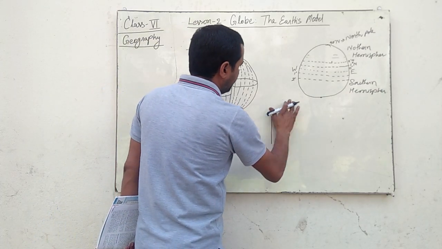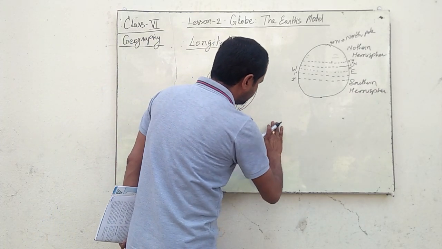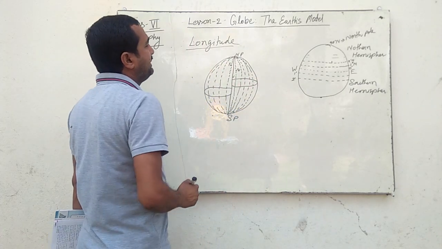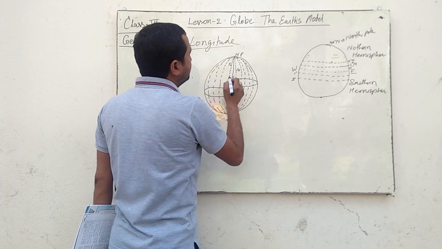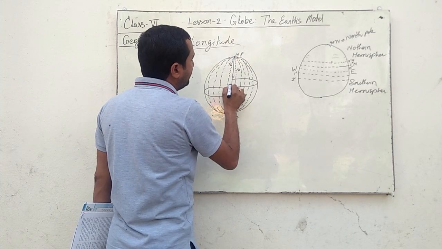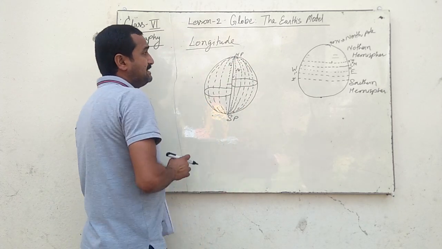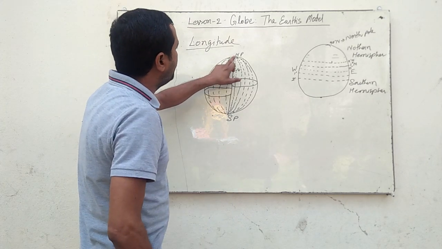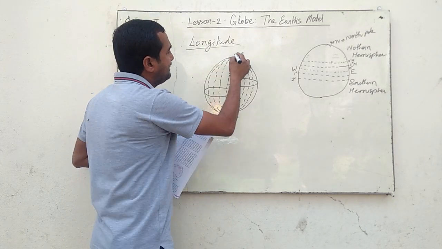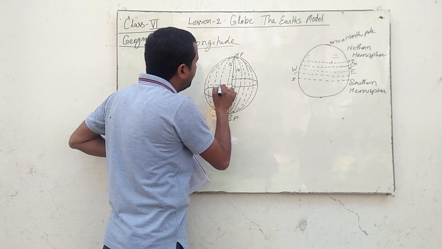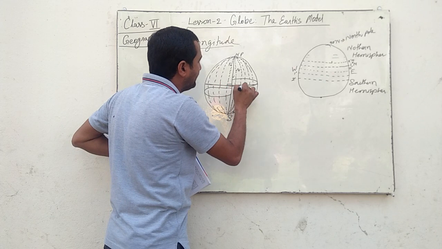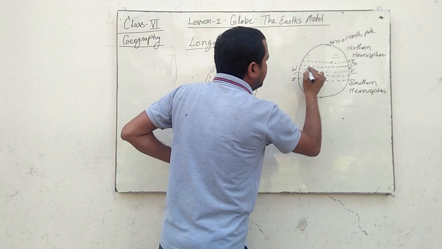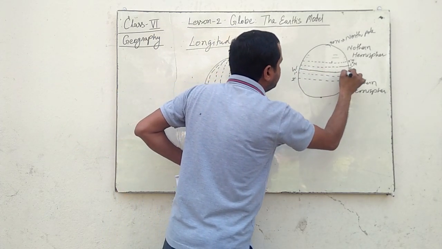Now let us move to another point of meridian. Here you can see the distance is very less, but here the distance is increasing. That means starting from 0 kilometer, and when these meridians reach the equator, in the previous diagram I have given you the equator here. This is the equator.